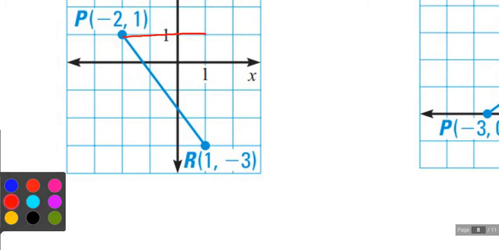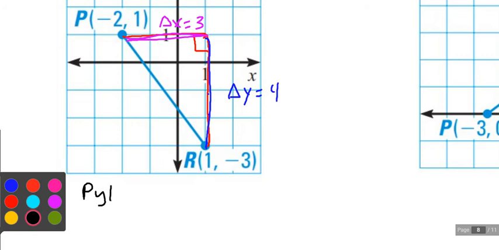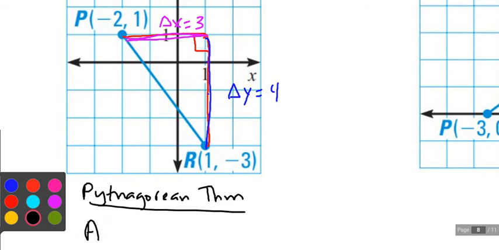For me personally, though, if I have a grid, I'm really all about creating these triangles. Because if we have this right triangle and we know how long the components are, namely this change in x being 3, and this change in y, 1, 2, 3, 4, being 4, I can simply use the Pythagorean theorem. a squared plus b squared equals c squared, and substitute those values in.